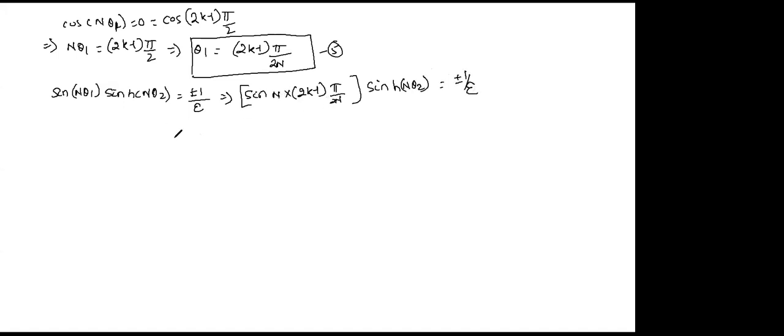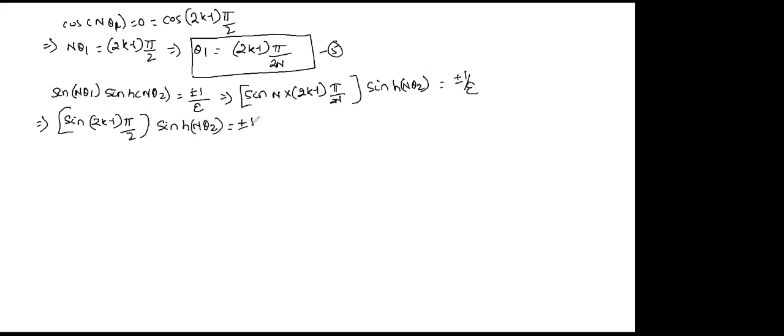Then this n will cancel. It is sin of (2k minus 1) pi by 2 multiplied by sin hyperbolic n theta 2.